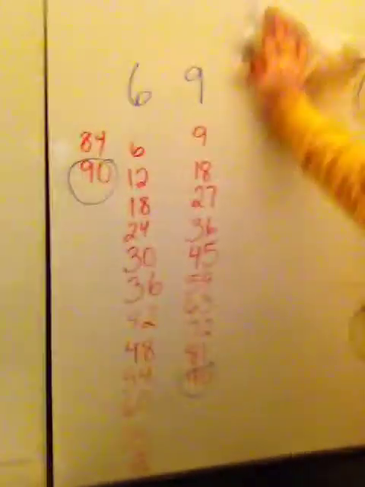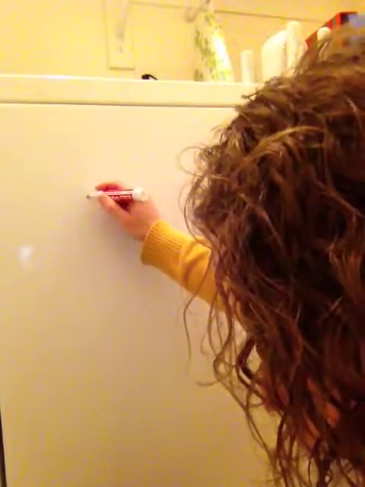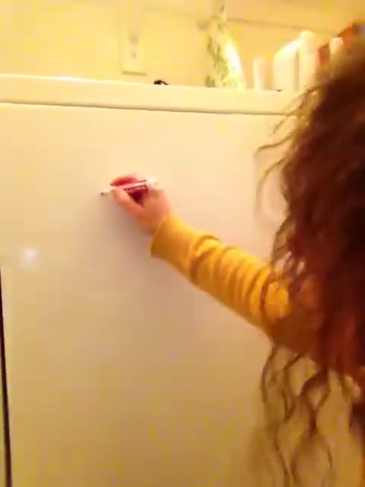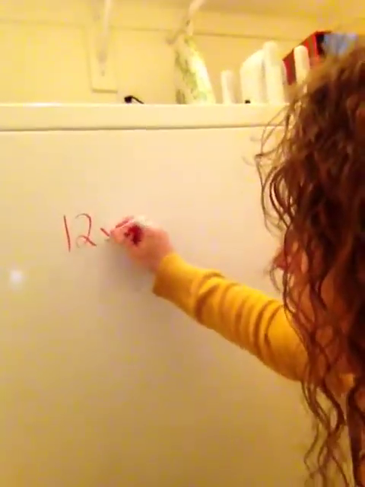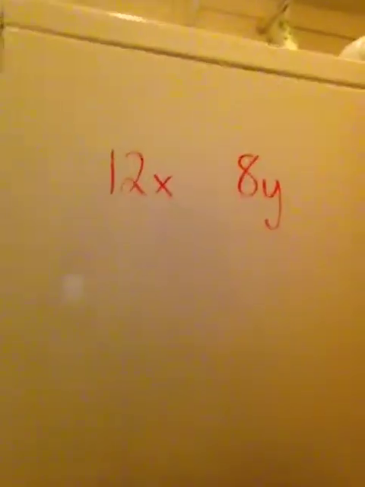Okay, let's do one with variables. So if I have, let's do 12x and 8y. Okay, with this one, you treat the coefficients the same as we've been doing.